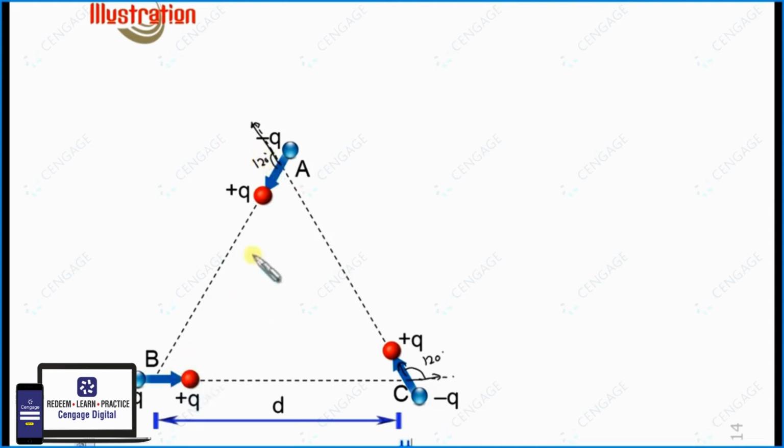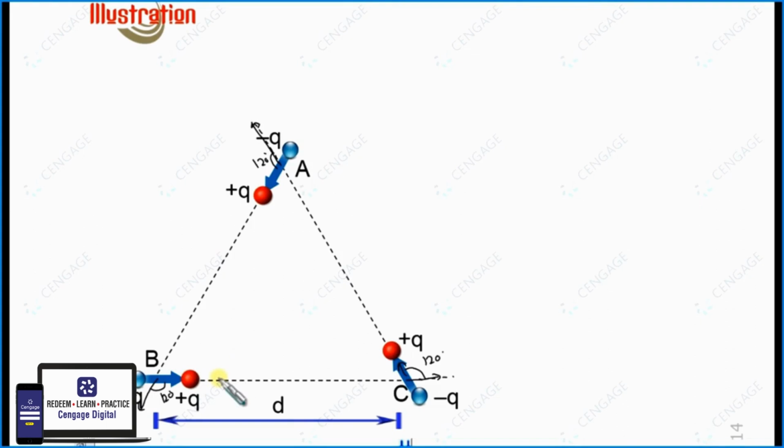And similarly, the electric field at the center of this dipole will be in this direction, that is the E vector, and the dipole moment vector is in the rightward direction. This angle is again 120 degrees. That means if we select three dipoles as a system, and if we calculate the potential energy associated with any one pair, a multiplication factor of 3 will give the potential energy of the system.